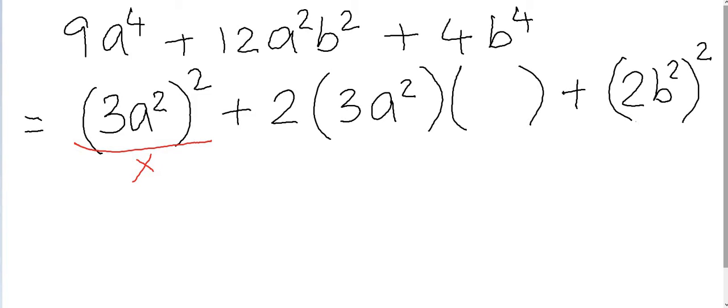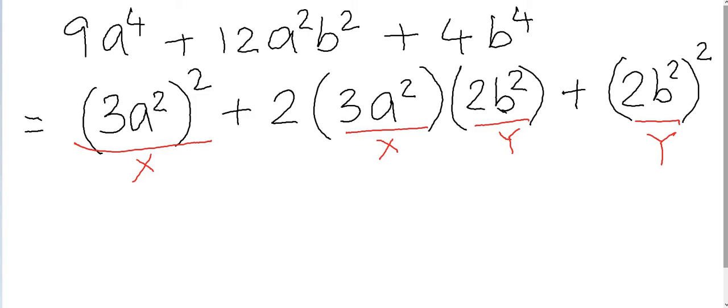So if this is y, so you have now x square plus 2xy plus y square. So in this parenthesis, then you have 2b square.